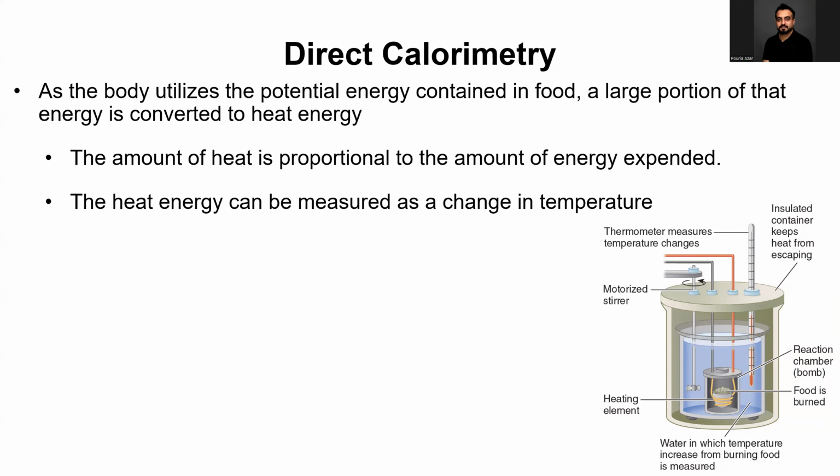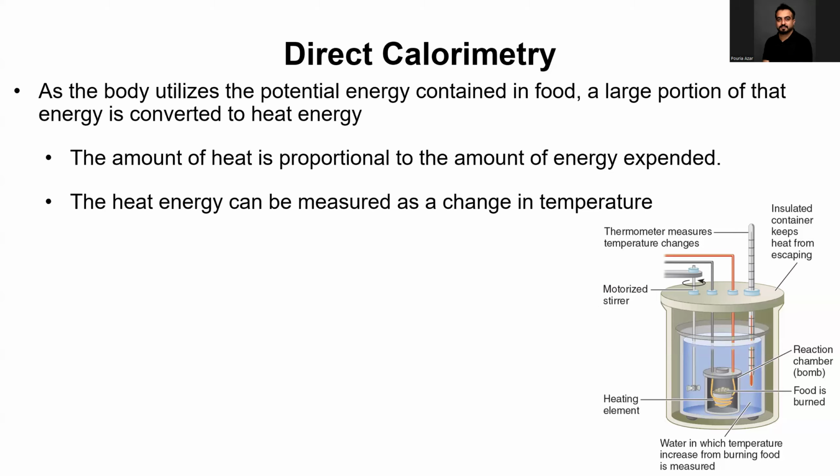And here, when we say direct calorimetry in humans, as the body utilizes the potential energy contained in food, a large portion of that energy is converted to heat energy. The amount of heat is proportional to the amount of energy expended.